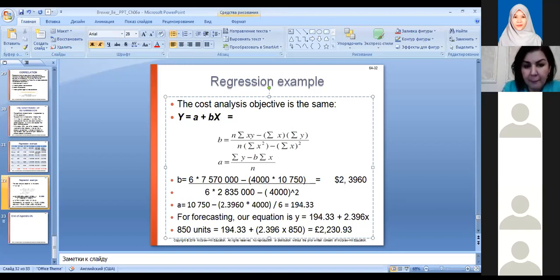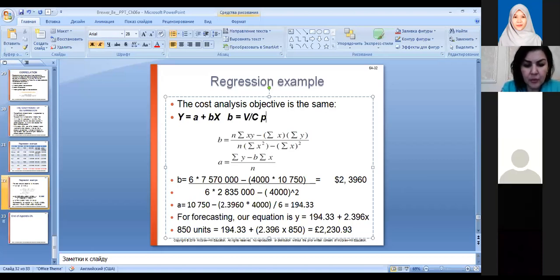Okay, let's write down here. B is variable cost per unit. A is total fixed cost. So how to calculate total fixed cost? Again, I replace the sum of y.